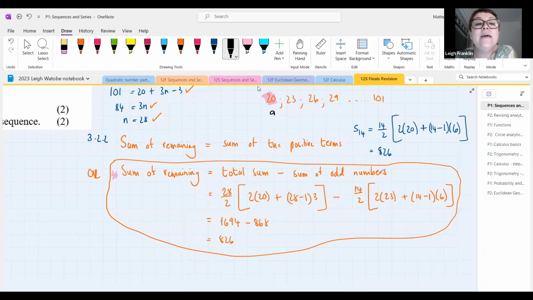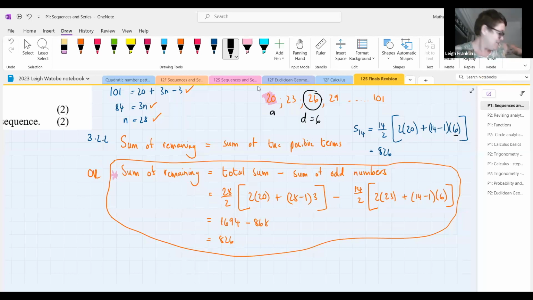And over here, 26 is going to be the second term. So that means that your difference is 6. Did you say 3? I said 3. Yeah, that would be common. That's just your mistake there.